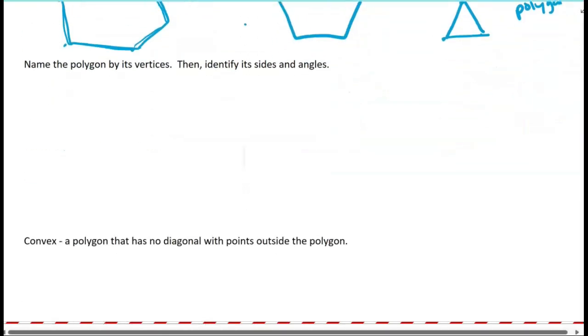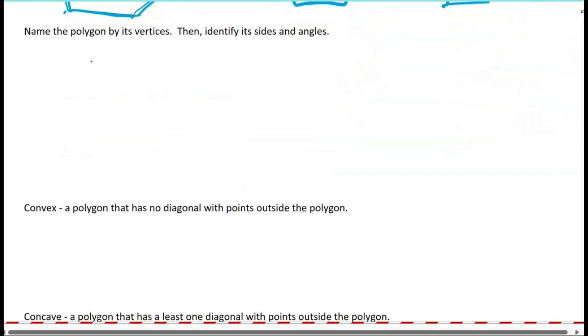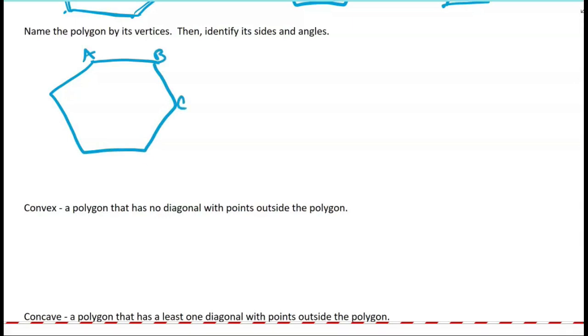All right, so once you have identified what a polygon is, how do we name it? So let's call this one A, B, C, D, E, F. First, you have to identify what the vertices are. And remember, the vertices are these points where the segments come together.